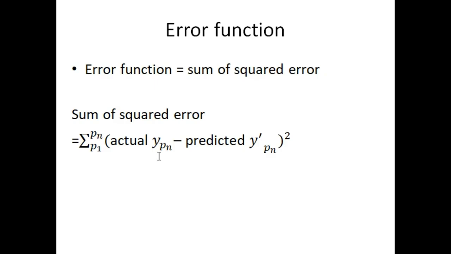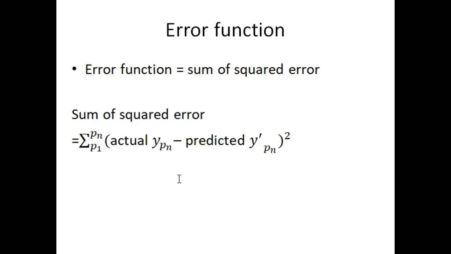So the actual value y minus the predicted value, which we represent by y prime. I take the difference, which will represent the error. Then I will take the square, which will eliminate the impact of the negative sign.